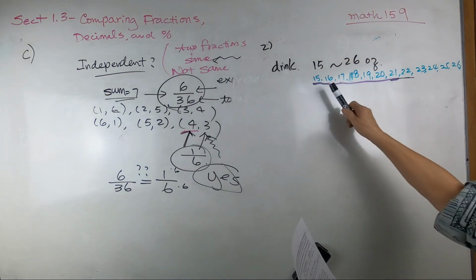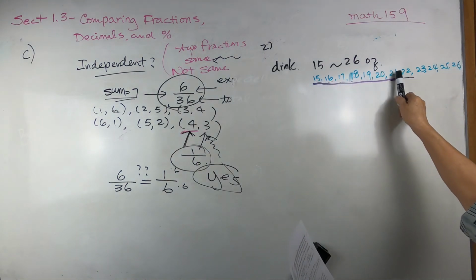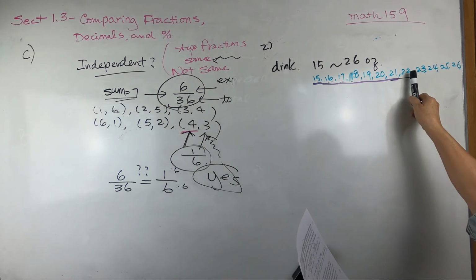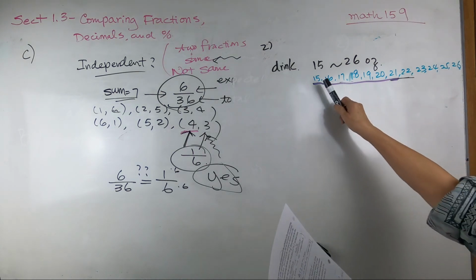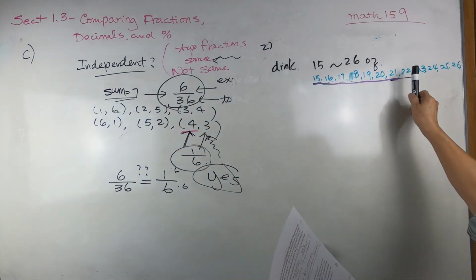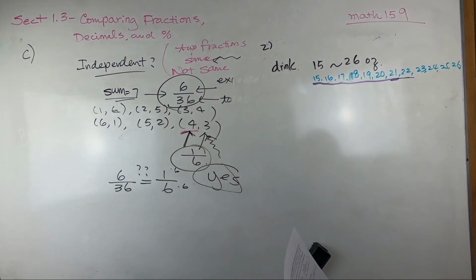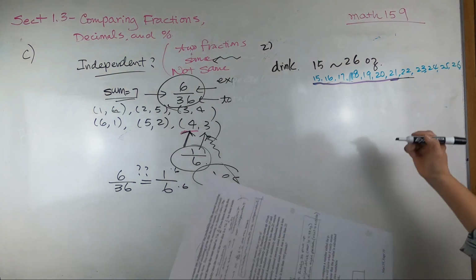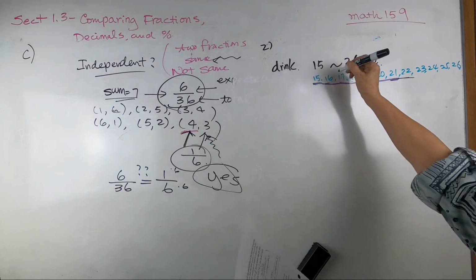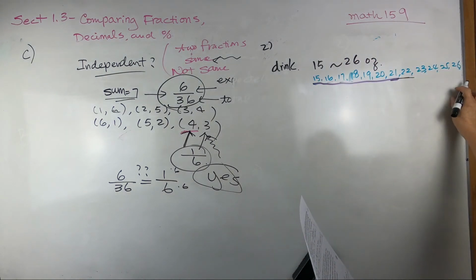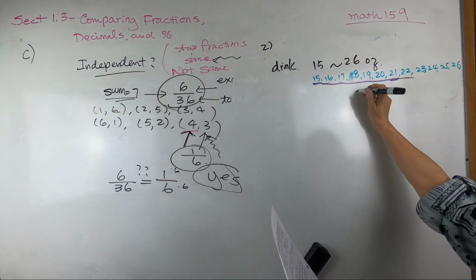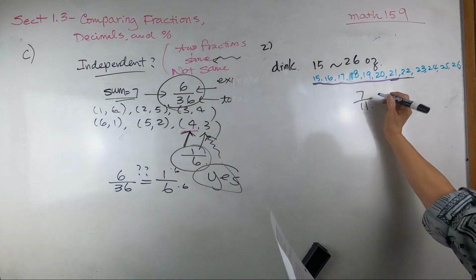But how come 1, 2, 3, 4, 5, 6, 7, 8? I'm just curious why it says 7 out of 11. It should be 8 out of 12, but that's what they say. Probably it's above 15, less than 26. It says 7/11.